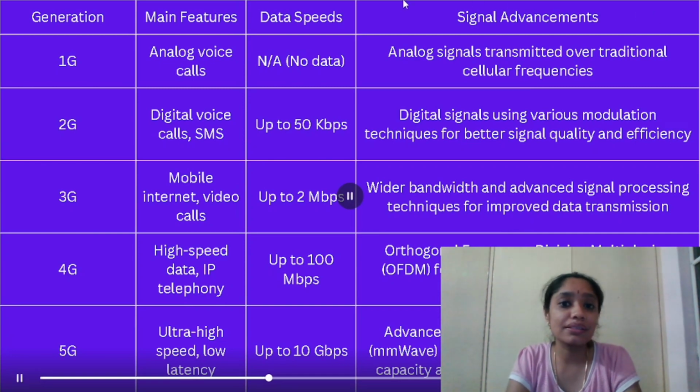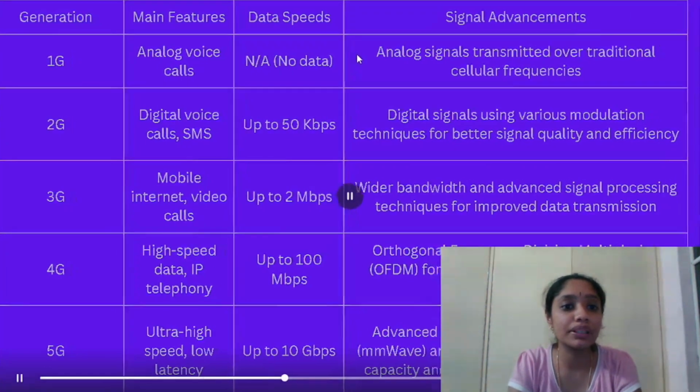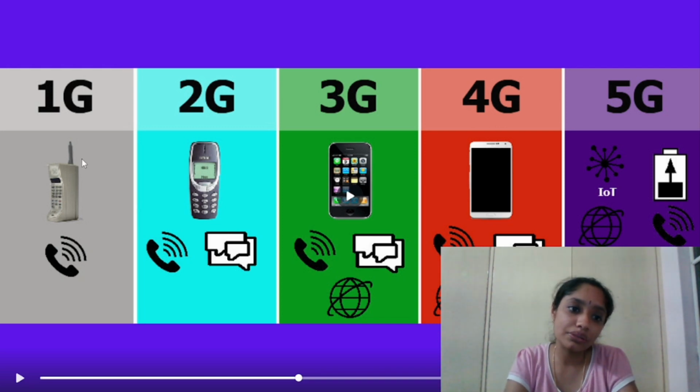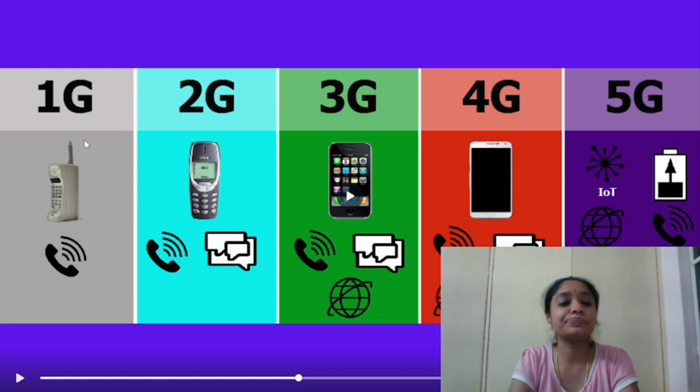And what got developed in 2G? So here is an image of 1G actually. That was basically only a transmission of analog signals via cellular networks, as I've mentioned in the previous slide.